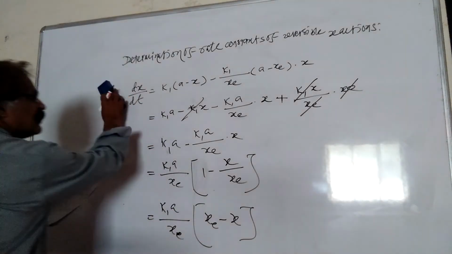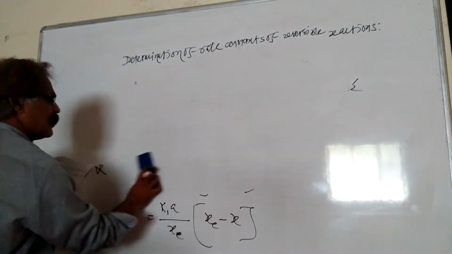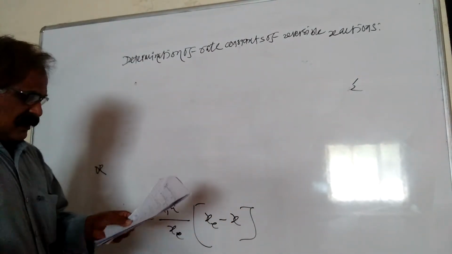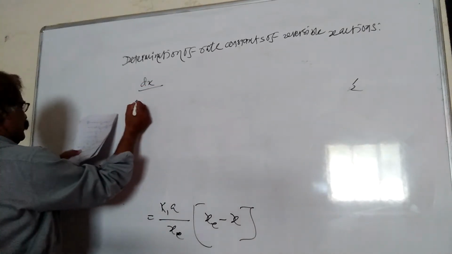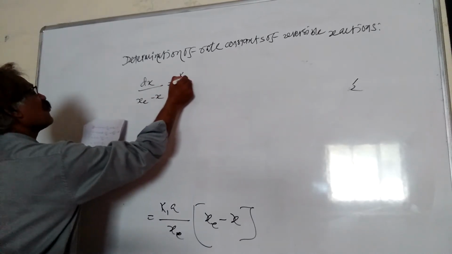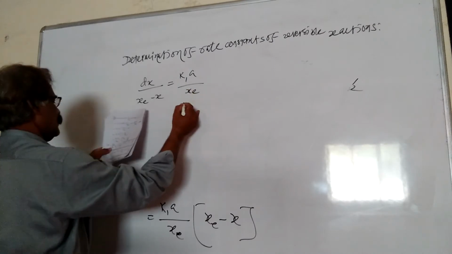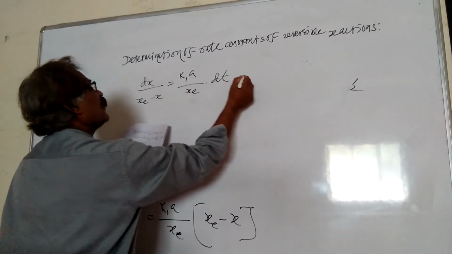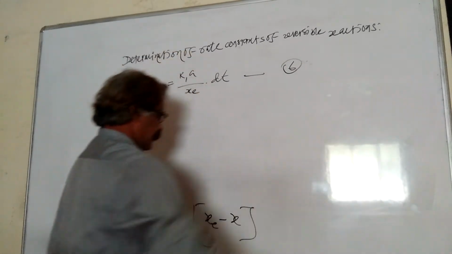or dx upon (xe minus x) is equal to K1a upon xe into dt, equation number 6. Okay.